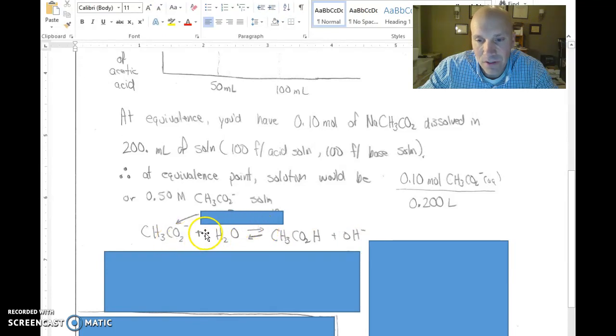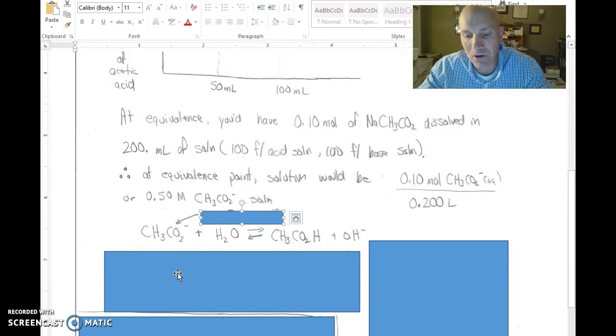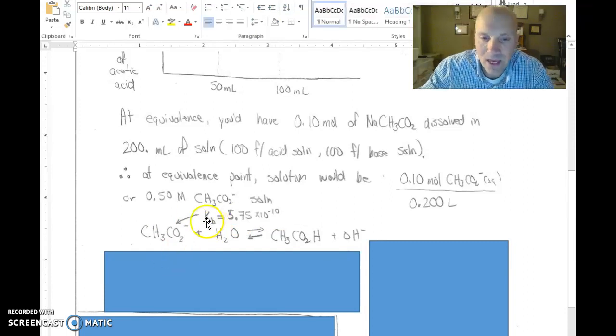So this is a classical weak base reaction. And so what do we need to know about this? Hopefully you remember, if we know what the Kb is, the base dissociation constant, we could figure out eventually what the concentration of hydroxide is, and eventually get to the pH.